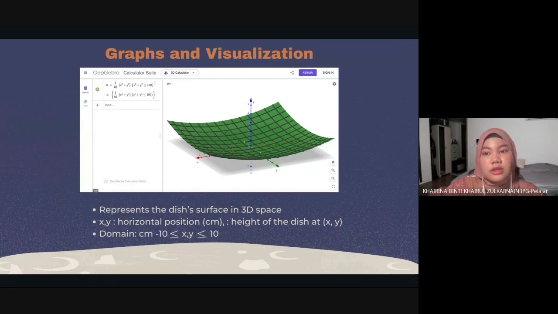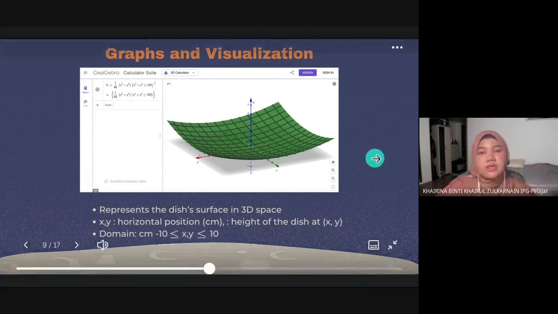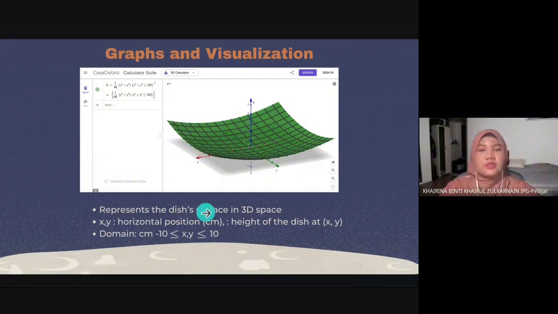So we can model the surface of the dish using a function of two variables, and the limit is x² + y² ≤ 100 to shape a realistic circular dish of radius 10. All the engineers can use it to create the exact parabolic shape of the satellite dish. This represents the dish surface in 3D space.